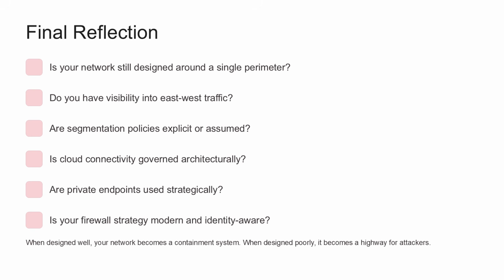Network security architecture must evolve with enterprise architecture, from perimeter to segmentation, from static trust to contextual enforcement, from implicit movement to explicit policy. When designed well, your network becomes a containment system. When designed poorly, it becomes a highway for attackers.